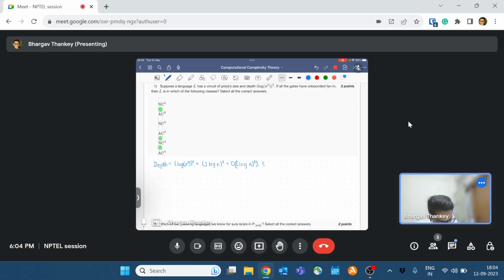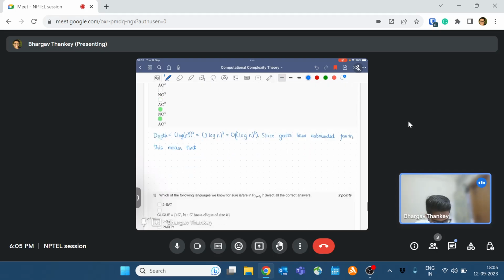Since gates have unbounded fan-in, this means that L is in AC3.